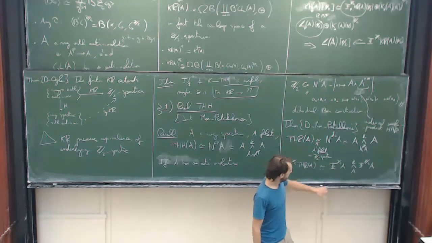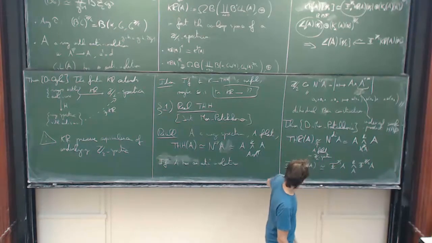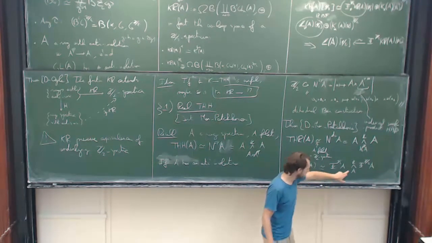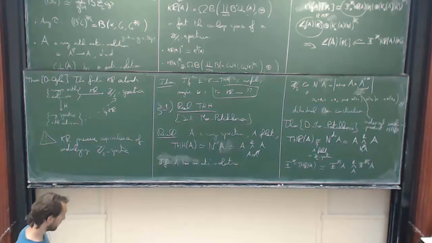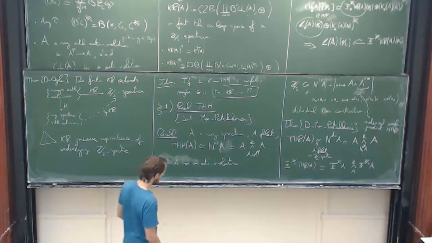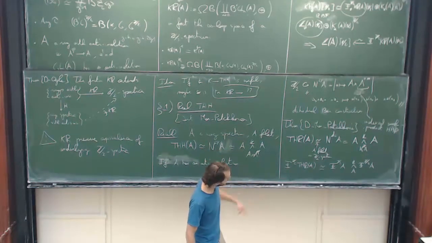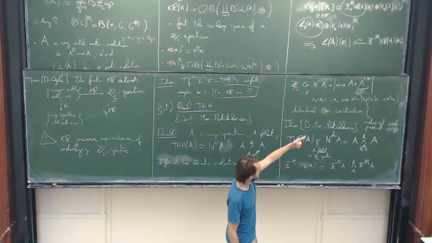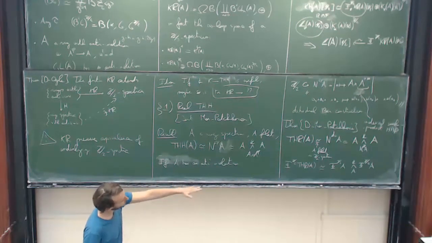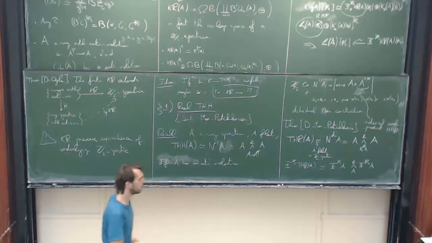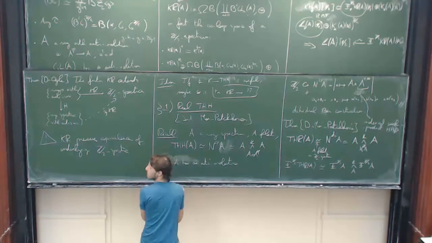There is a left and right module structure of A acting on the geometric fixed points, and the geometric fixed points of THR can be modeled by the derived smash product of A as A-modules. So in particular, this allows us to calculate this object fairly well. The actual fixed points are tricky, and the problem is that it's hard to calculate the fixed points of this indexed smash product. But at least we get a handle on the geometric fixed points, and then you can play around with the isotropy separation and try to get information about fixed points like that.